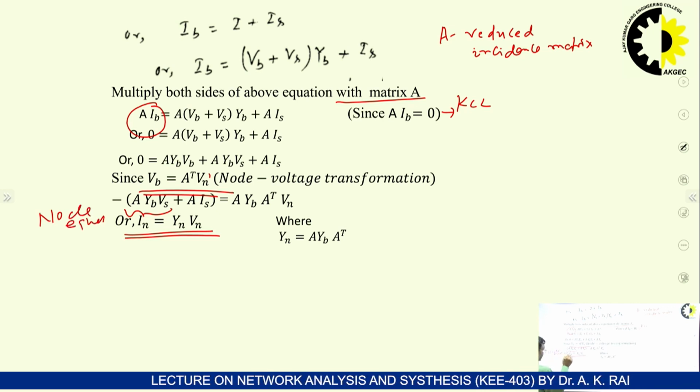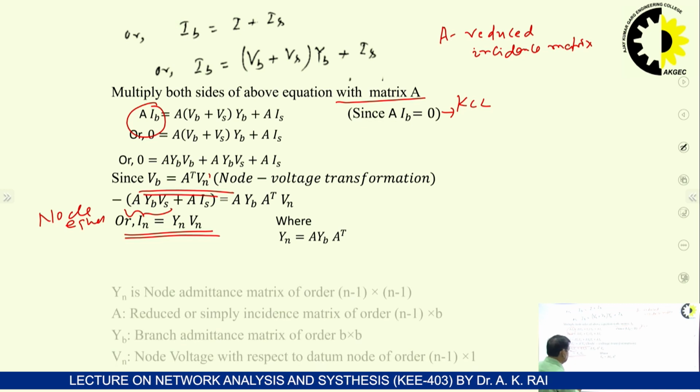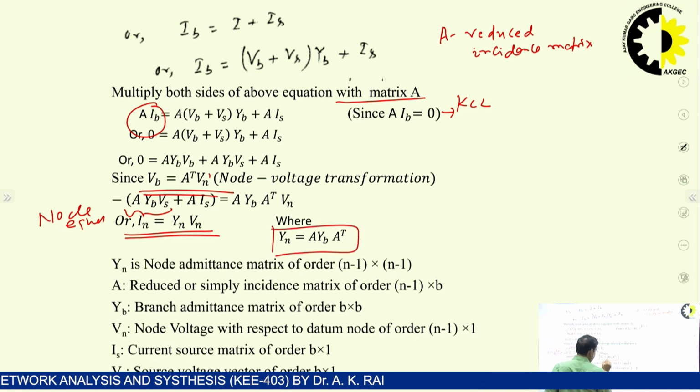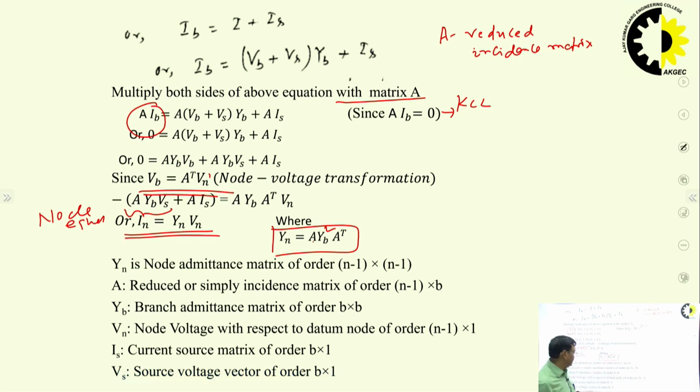The node equation is In equals Yn Vn. How do I get Yn? Yn is nothing but A YB A transpose. So write the A matrix, its transpose, and then YB, which we can write directly. Yn is the node admittance matrix of order n minus 1 into n minus 1.